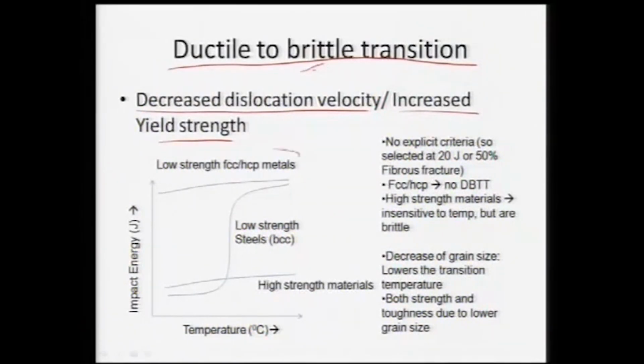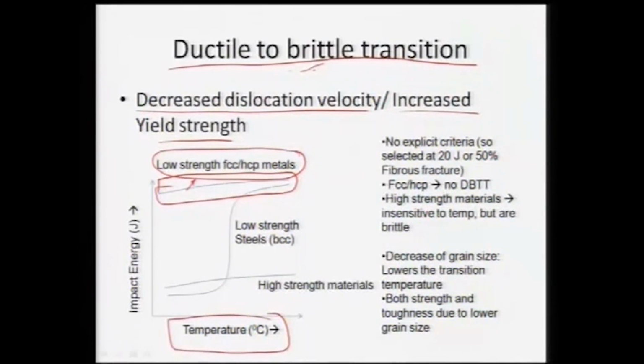Generally, low strength FCC or HCP materials show very high impact energies, but they do not show any change of this impact energy with temperature. So, DBTT, also called ductile to brittle transition temperature, we do not see that transition in case of low strength FCC or HCP metals, whereas high strength materials also do not show any variation in impact energy with temperature, but they are highly brittle.